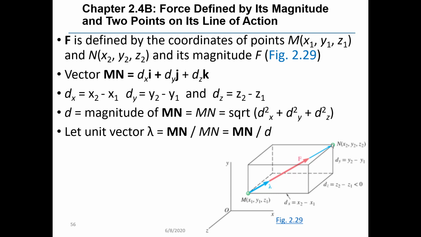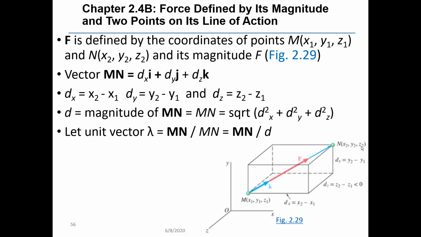And it's important to know the order that we do the subtraction, because point M is the first point, x1, y1, and z1, and point N is the second point, x2, y2, z2. You have to calculate dx as x2 minus x1, dy as y2 minus y1, and dz as z2 minus z1.